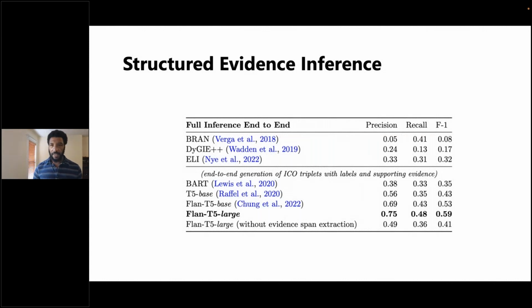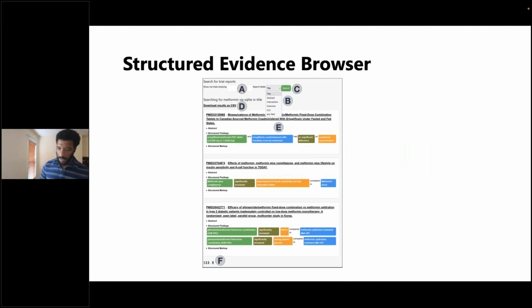We then utilize this fine-tuned FLAN-T5 to process the entire database of Trial Streamer to produce these structured summaries of findings, which can then allow EBM practitioners to more quickly find evidence about the efficacy of different treatments.